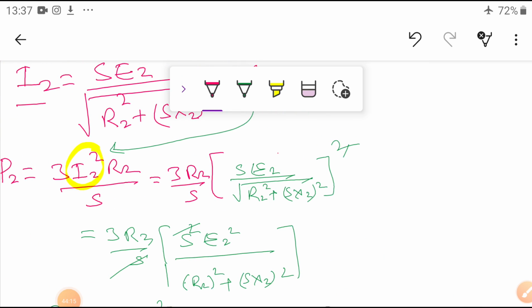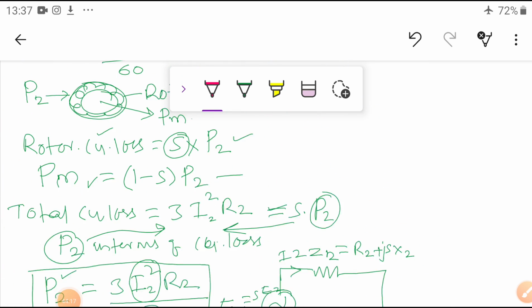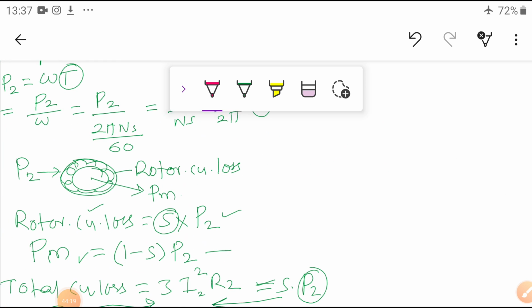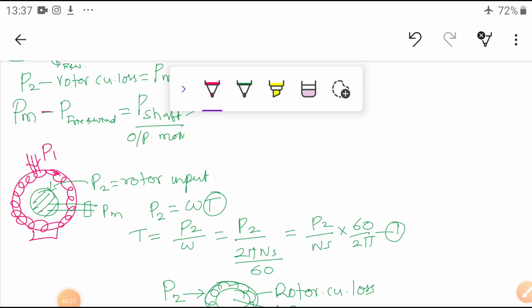First we took the stator P1 and the P2, and from the P2 we took the Pm. Now P2 is omega into T, so our torque is P2 by omega, where omega is 2 pi ns by 60. We used this in the last case as well. Now with this P2 value, what is the torque?